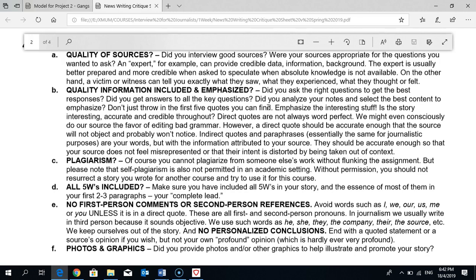If there's something controversial, find out about the controversy, as many sides of it as you can, so you can go in and ask the right questions. Again, this is quality information included and emphasized. That's not just the interviews, but it's also the other background information and so forth.